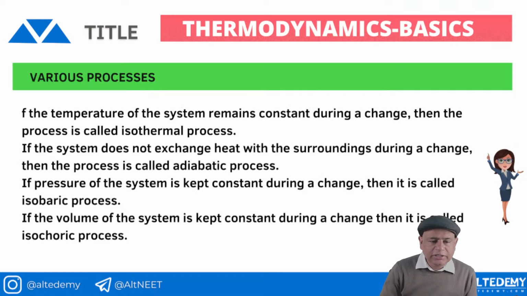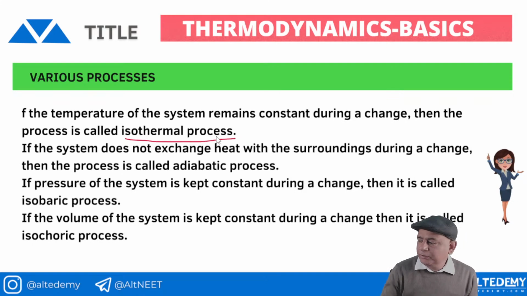Coming to another part of it, we have various types of process. If the temperature of the system remains constant during a change, then the process is called an isothermal process.